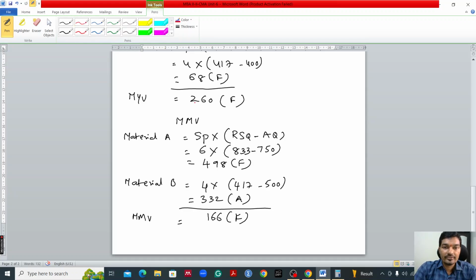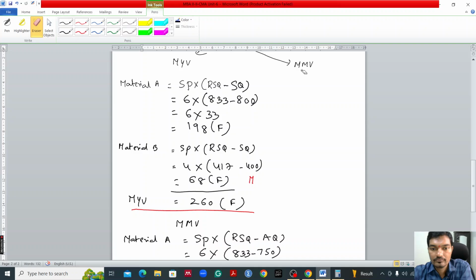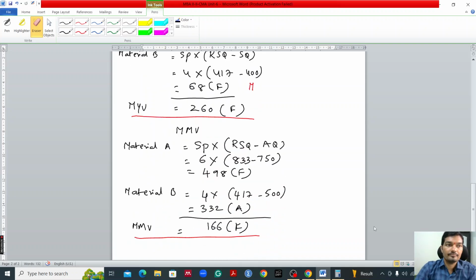So let us verify this with the MYV is 260 in favor, the MMV is 160. The MUV is equal to MYV plus MMV. So what is the MUV?